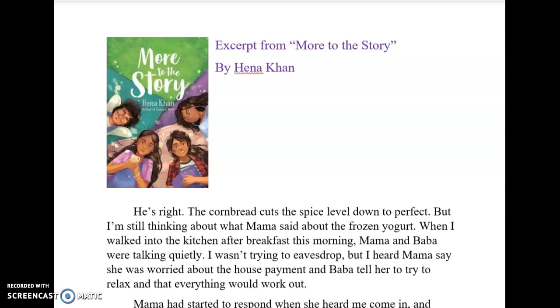Later within the story, again, we find out that because they're going through a financial hardship, they can't afford to go to this fancier or more expensive ice cream place. And so then comes this excerpt.